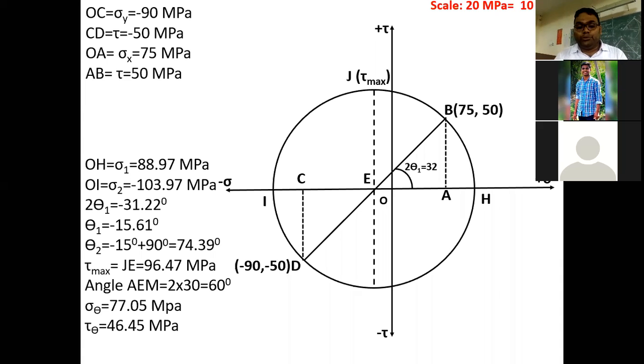Now if it is asked in the question to find the plane, the shear plane, what will we do? You just measure this. Okay, let's move ahead. Find the value of sigma theta and tau theta. How?